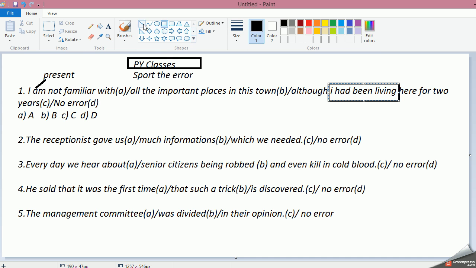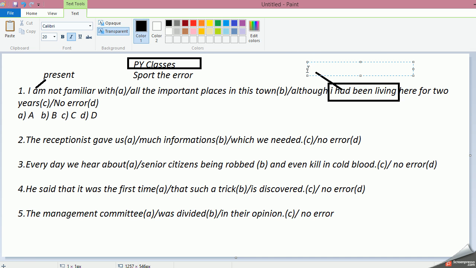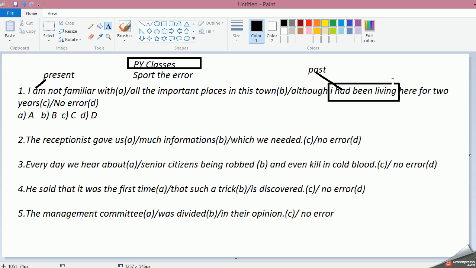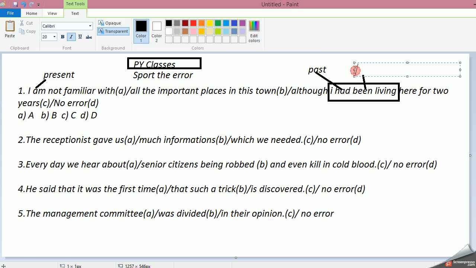How do I come to know it is past perfect continuous? Because I have already taught you everything while taking classes of tense. Had is used for which tense? Had we use for past, to denote any action that had been done in past. And been, we use the word been to indicate perfect tense.